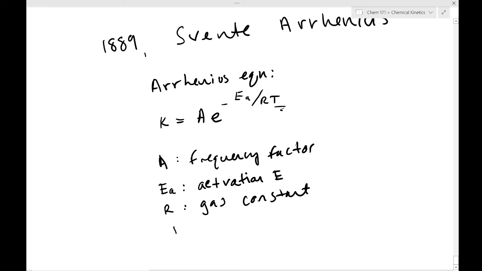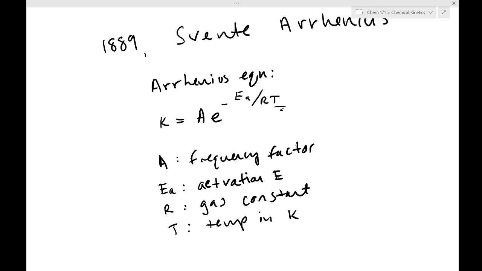And T is temperature in Kelvin. Okay? So let's get into each one of these and talk about what they mean individually.